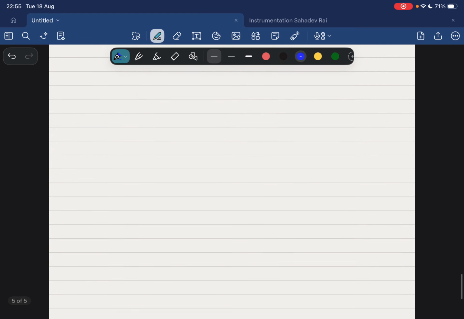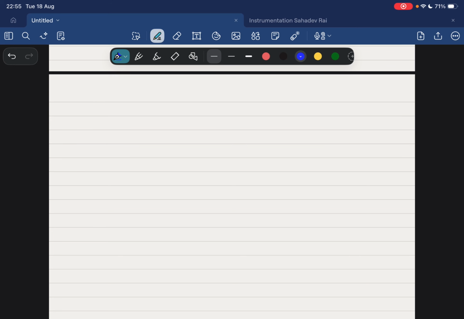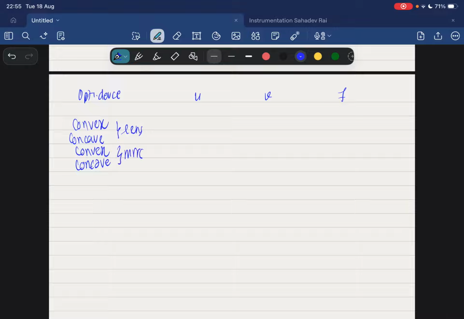So if you want to make the master table with the optical device and u, v and f, then convex lens, concave, convex and concave, again lens, mirror, u is typically always negative.